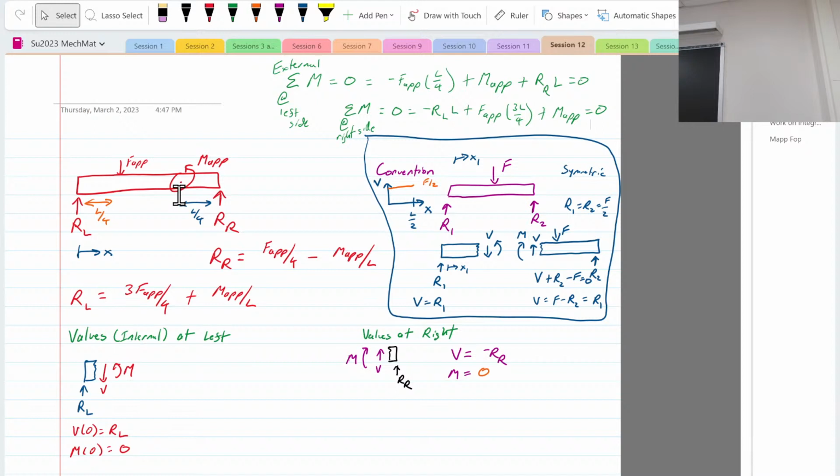Right, because we see here at the left side, or at the right side, that this V of 0 is equal to R_L. Well, R_L is dependent on M app over L. But M app is not going to cause, in the V, you're not going to see a step change in the V. There's a step change in the moment. Yeah, so this is a pretty good tricky problem.